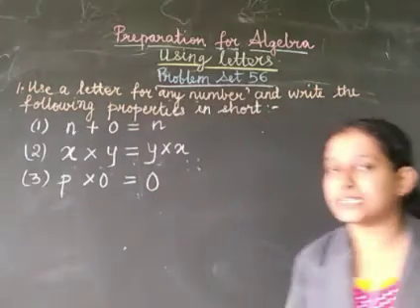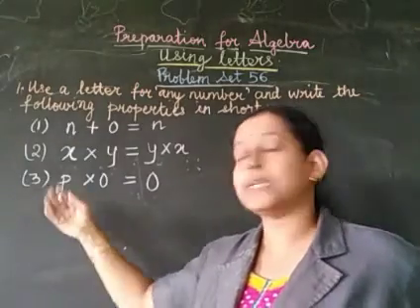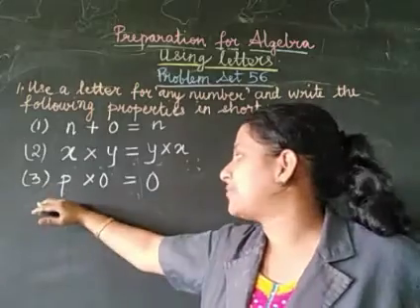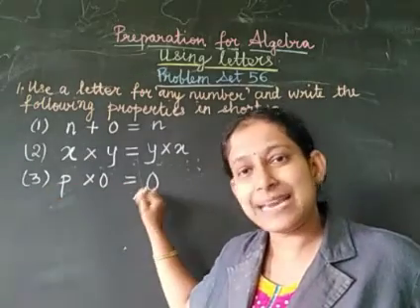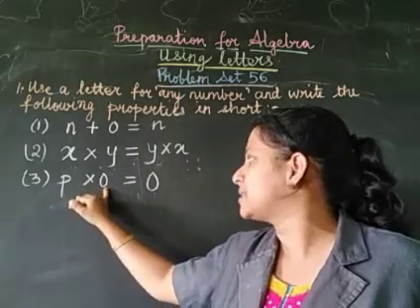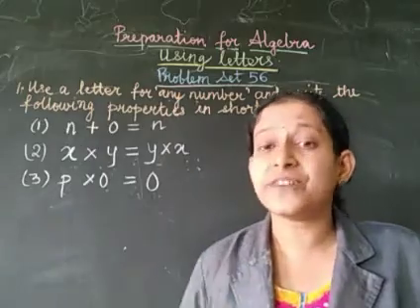This also we have learned, that a multiplied by 0 is equal to 0, right? The same way here it is only given in the form of words, which I have written in the form of a mathematical expression. So the product of any number and 0 is 0. Okay students, so this is the first question.